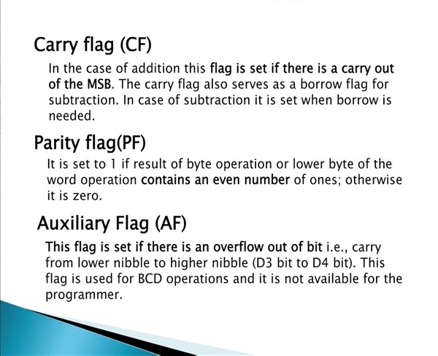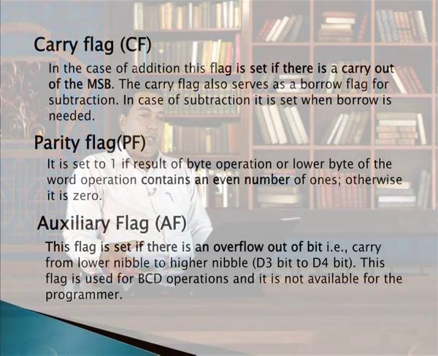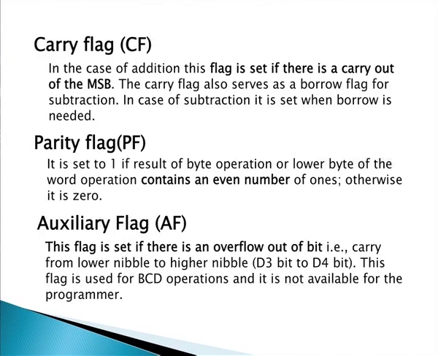In case of subtraction, it is set when a borrow is needed. So, the carry flag acts as a carry flag for the addition operation and as a borrow flag for the subtraction operation. Then the next flag is the parity flag.